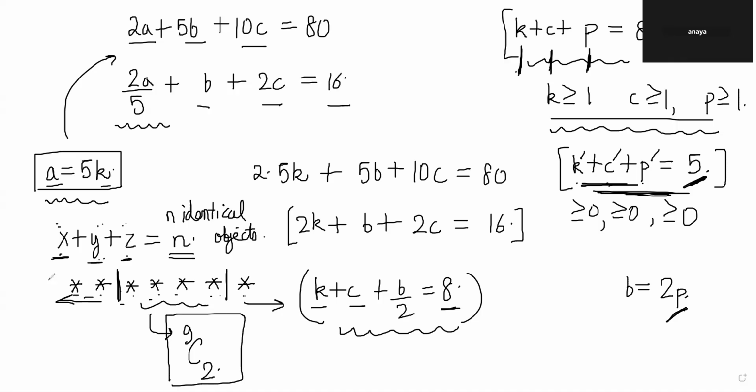Yes. For example, if K dash plus C dash plus P dash is equal to 5, I have 5 stars. And because there are three variables, I need 3 minus 1, or 2 bars, right? I can put them anywhere.